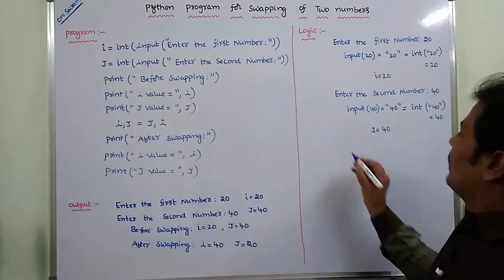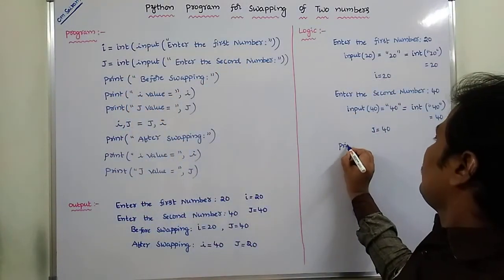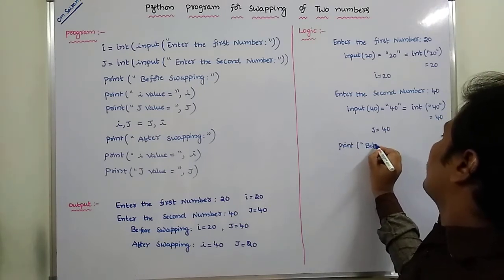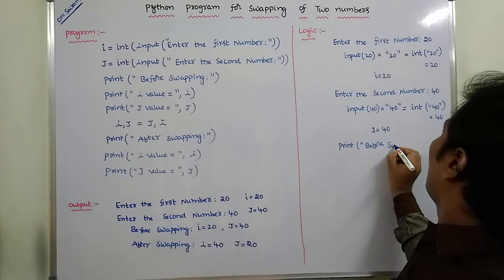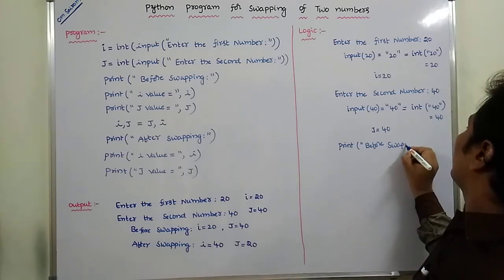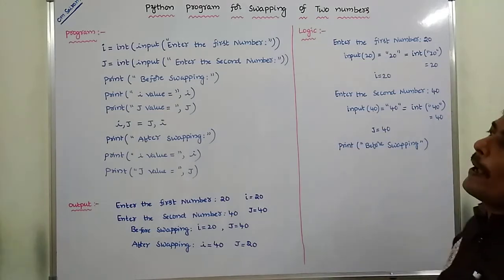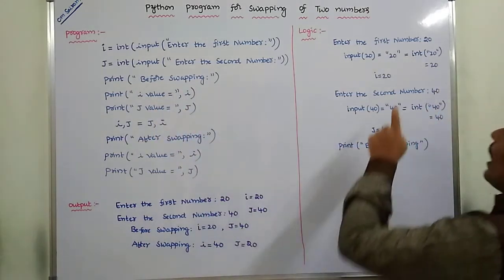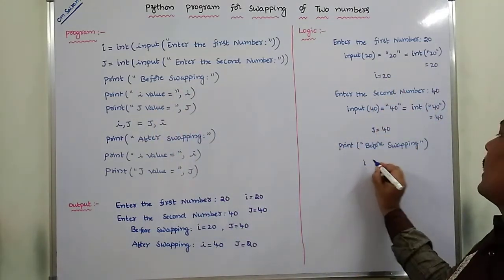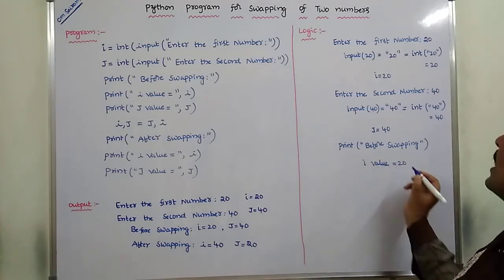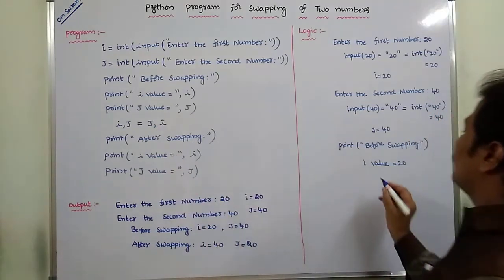Go for the third one. So print "before swapping". So before swapping, what are the values? What is the I value? I value is equal to 20. Next, what is J value?